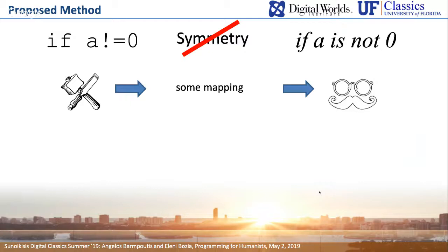So for instance, if I type exclamation equals, that is the shortcut to 'is not' or 'is not equal'. So if someone generates this sequence, if a exclamation equals 0, they basically don't want to read that later. We want to comprehend and understand this code as: if a is not 0, then do something.